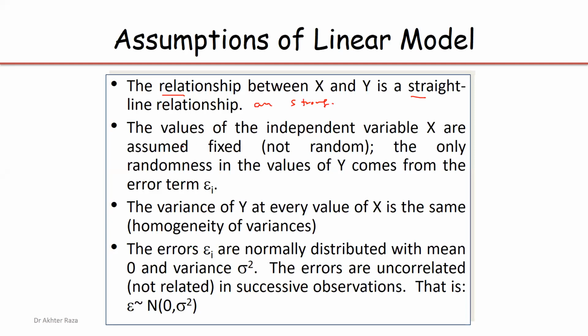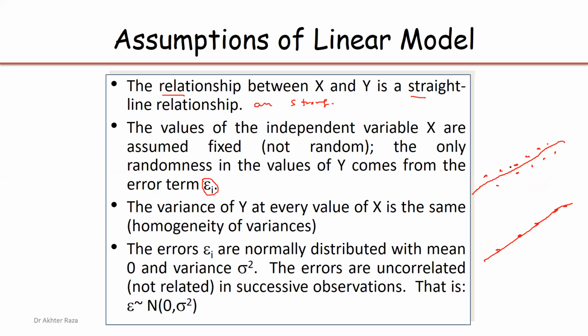The independent variable is assumed to be fixed, while the randomness in the values of y comes from the error. This error gives us deviations from the line. Sometimes it is above the line, sometimes below the line. If all the points are on the line, there is no error.